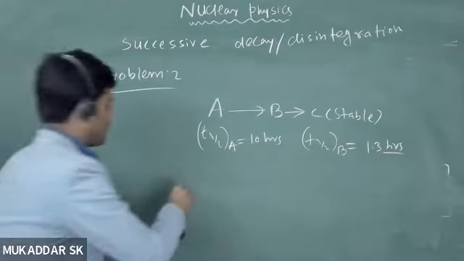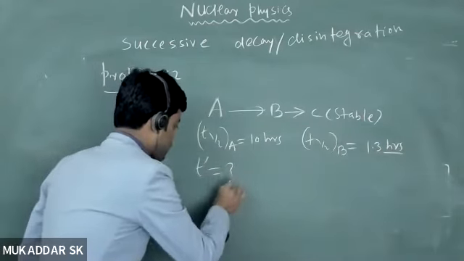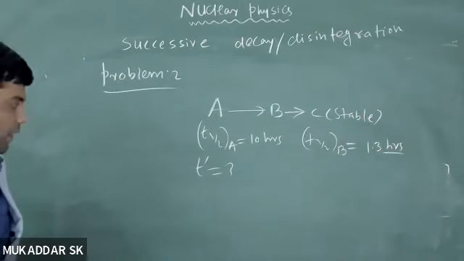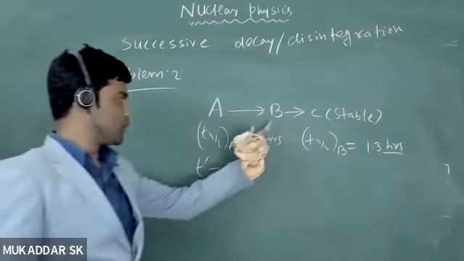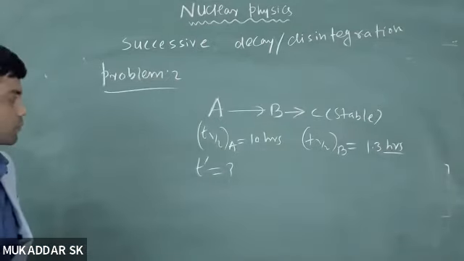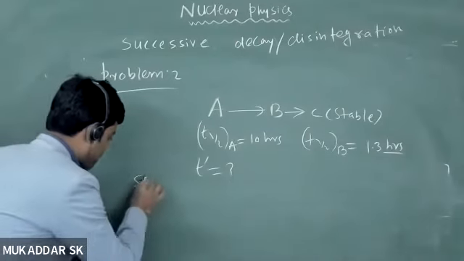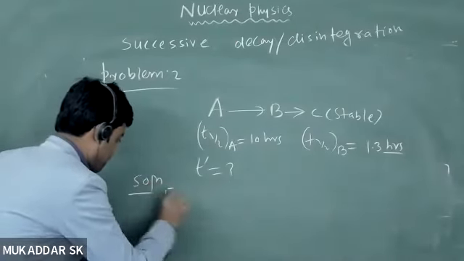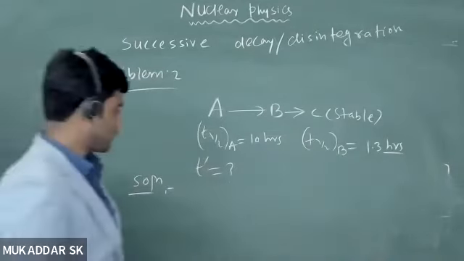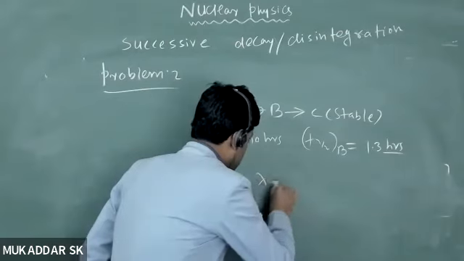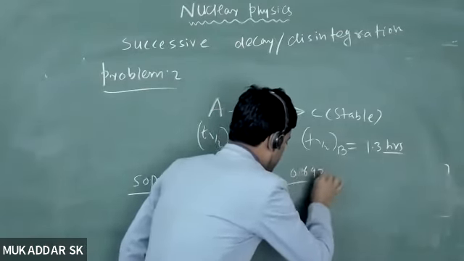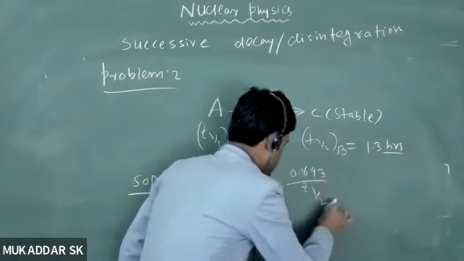So I have to calculate the time at which B nuclei will be maximum. I know that relation, right? We know that lambda is related to 0.693 by t half.